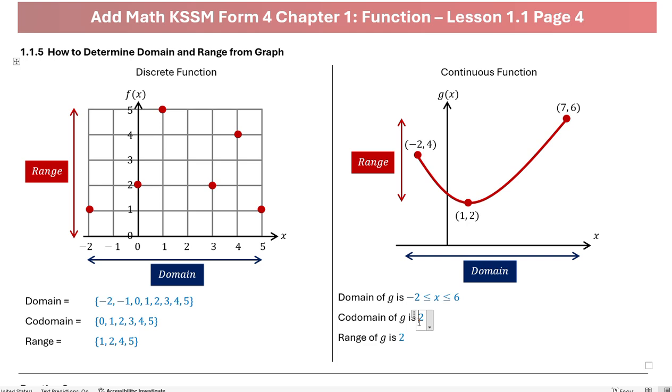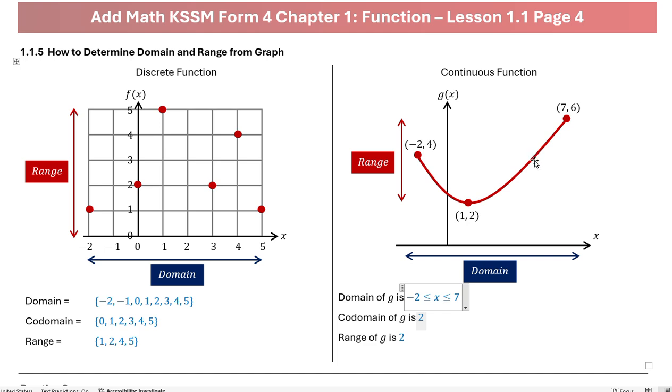Right. So again, the lowest point is 2. Do you have a graph below 2 on the vertical axis? No. And the highest point is, sorry, here is 7. Sorry, I made a mistake here. Here is 7.